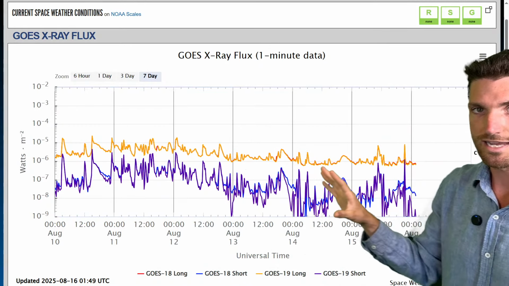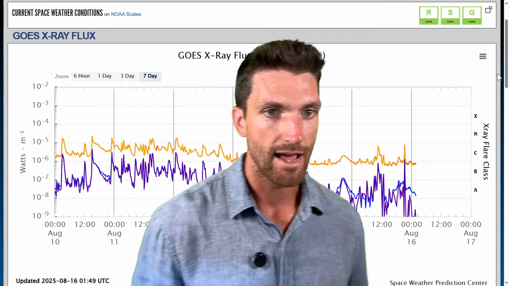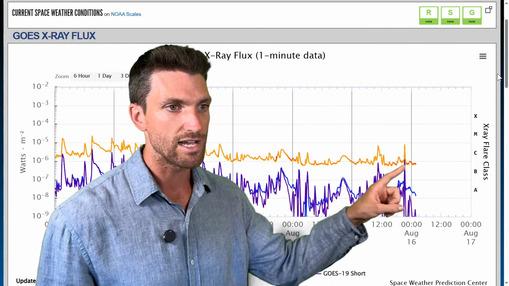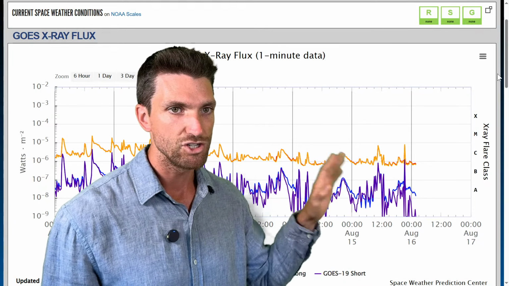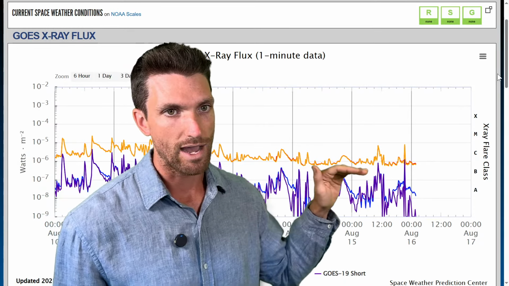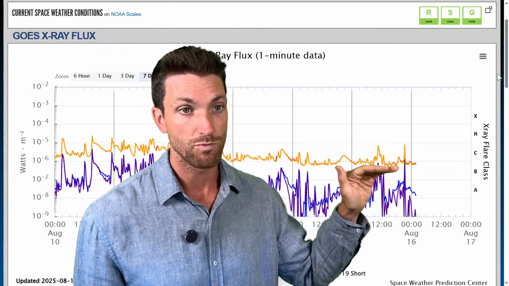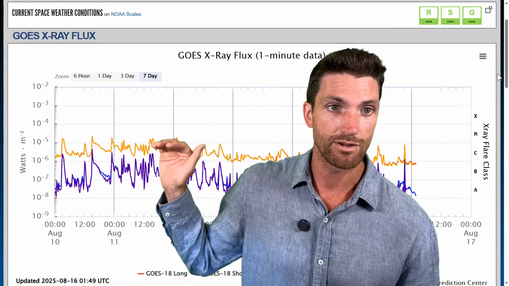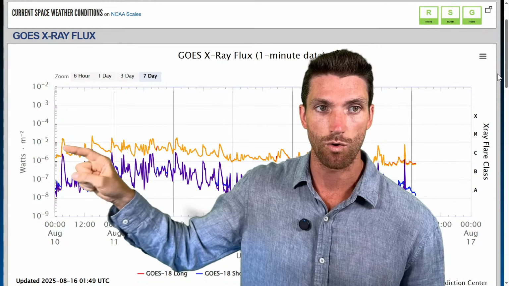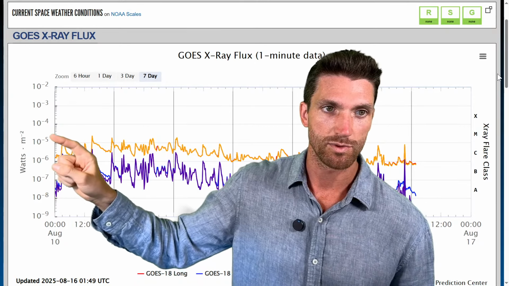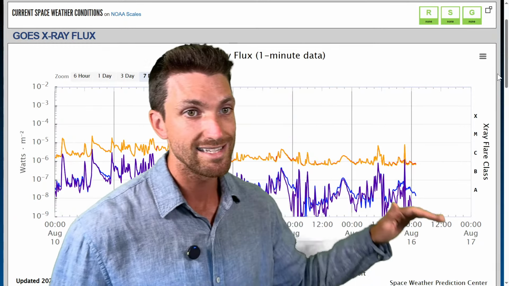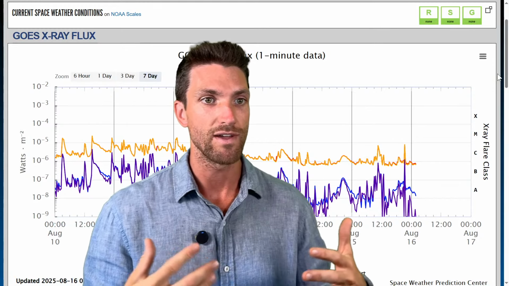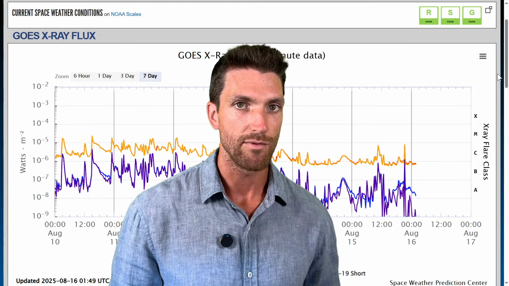Look at how we've gone down now, and yes, we did have 2 high C-class flares right here, but in general, we are now at the bottom of this range, whereas just a few days ago, we were near the top of this range. This is an order of magnitude scale, watts per square meter. So that is a 10x difference in the amount of X-ray light radiation that we've been receiving.